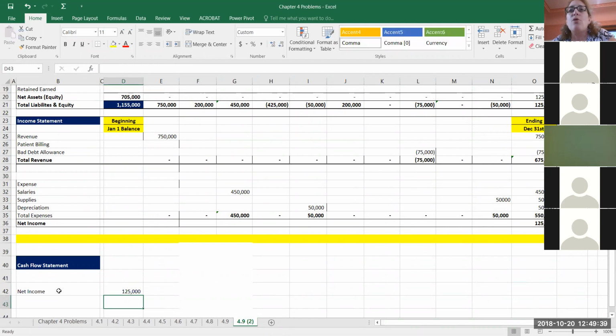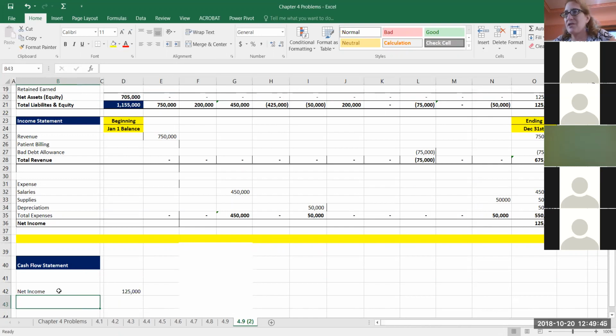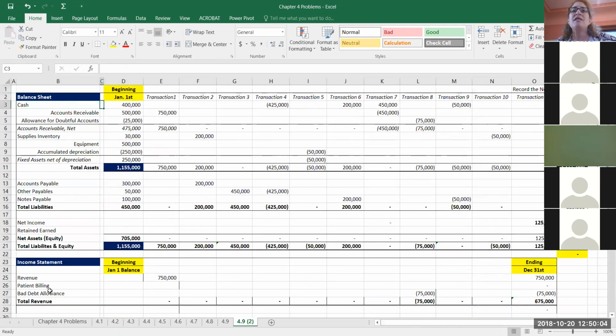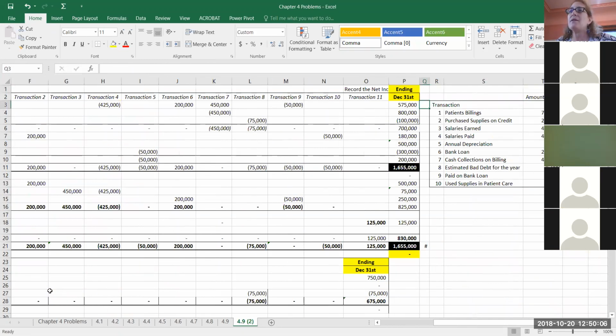But we know that some of that is not cash-related transactions, okay? So what we're going to do then is we're going to take out anything that's not a cash transaction. And at the end, through all these transactions we're about to do, we're going to see that our cash should tie to our cash balance right here, this 575.